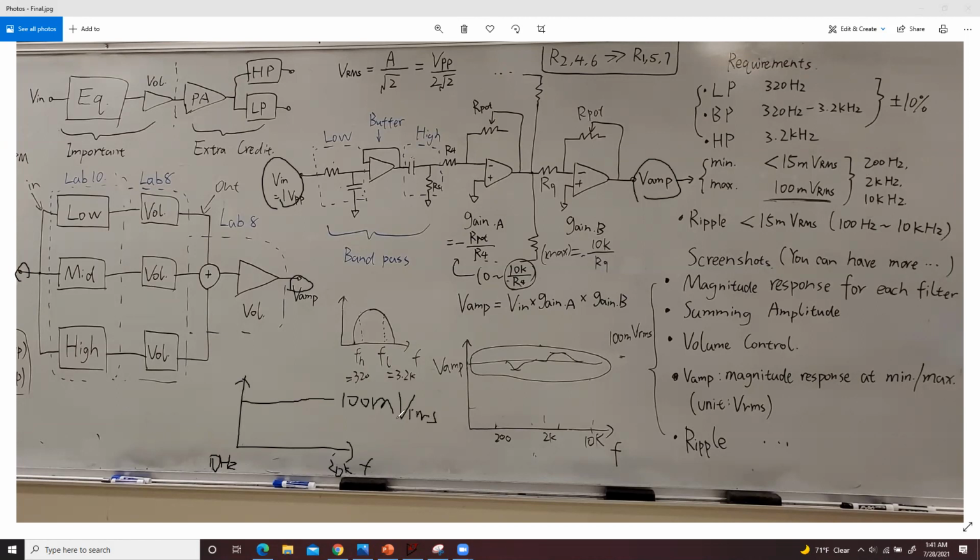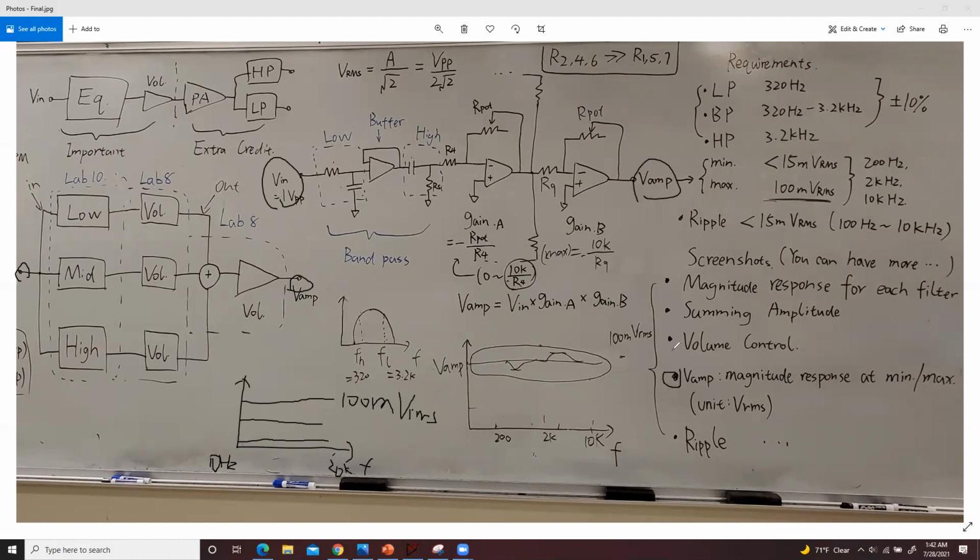When you tune the potentiometer to minimum, the minimum will be less than 15 millivolts RMS. And you also need to take another screenshot when the volume is in medium, somewhere in between. That's the screenshot for this part.